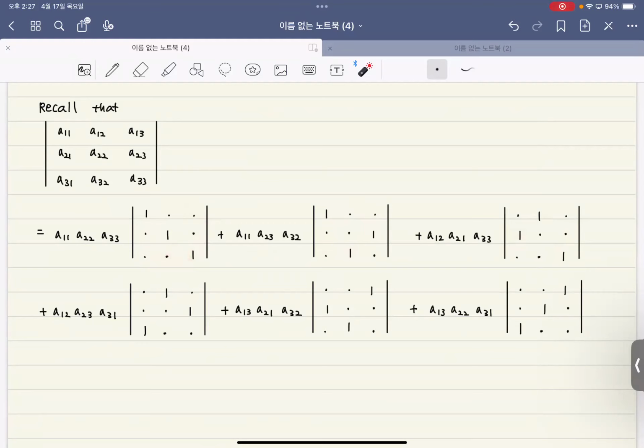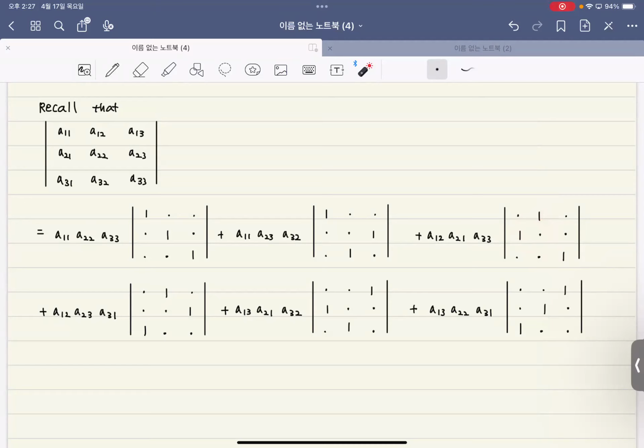So this number was sign of the identity, and this number was sign of a transposition which exchanges number 2 and 3, and this is the sign of the transposition that exchanges the first and second, and so on, right?